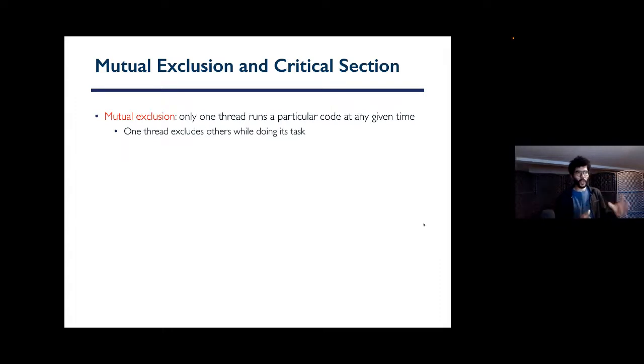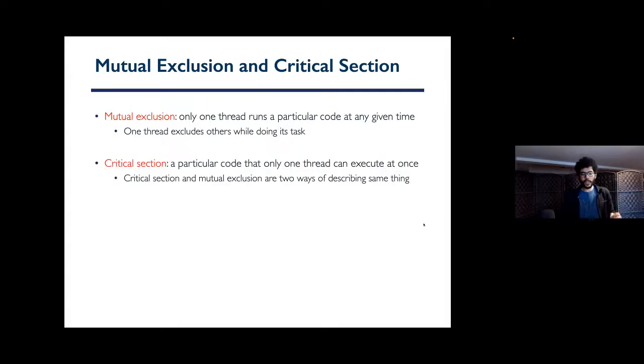So that piece of code that we want executed by only a single thread at any time, we call the critical section, and we call that condition that we want only one thread to access it mutual exclusion. So mutual exclusion means that at any given time, I only want one thread to have access to that piece of code. And that piece of code, we call it critical section. So these two are two sides of the same definition: critical section and mutual exclusion.